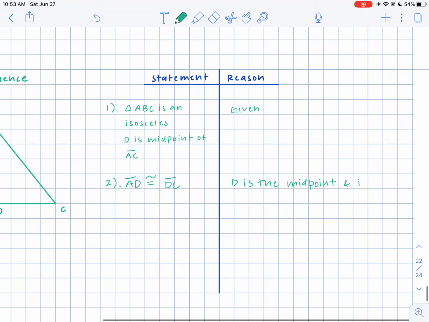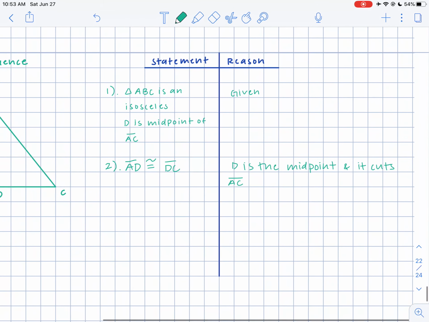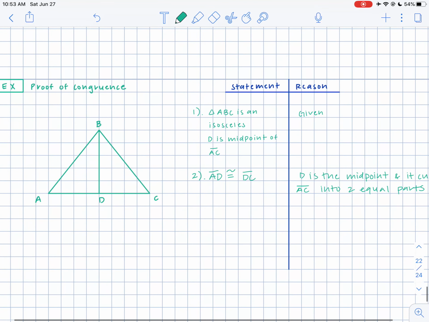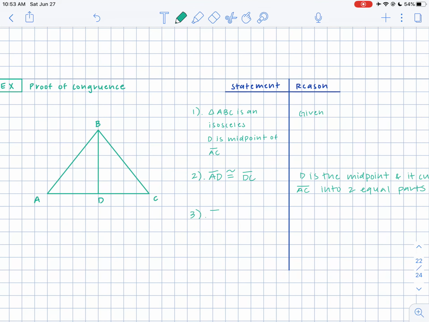D is the midpoint, and it cuts segment AC into two equal parts. What is another thing we notice? We notice that segment AB is congruent to segment BC.